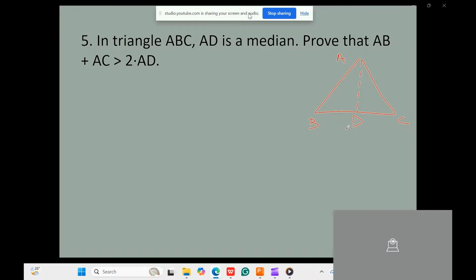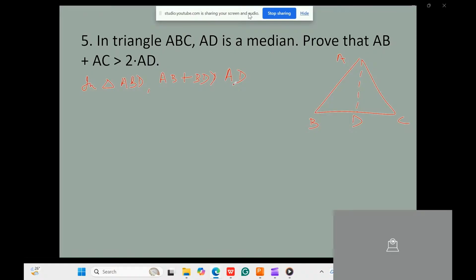So we will apply the triangle inequality property on both the triangles. So let's take, in triangle ABD, what do we have? Can we say that AB plus BD is greater than AB? Sorry, AD.